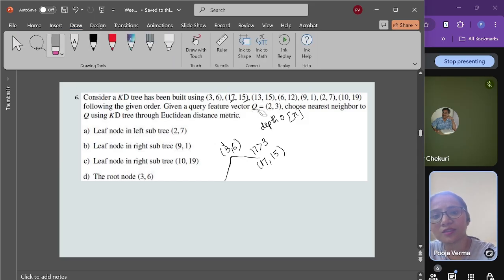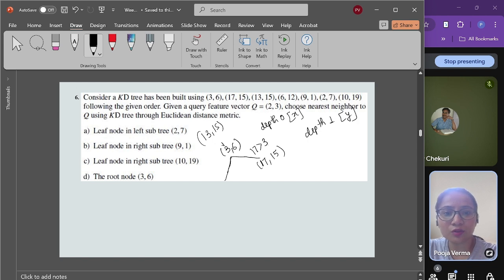Now take the next value. Our next value is 13 and 15. Again 13 is greater than 3 first, so it will again go to the right side. Now on the right side it will come to depth 1, so we need to compare based on the y coordinate. Here 15 and 15 is equal, right? 15 is greater than or equal to 15, so it will again come to the right side itself.